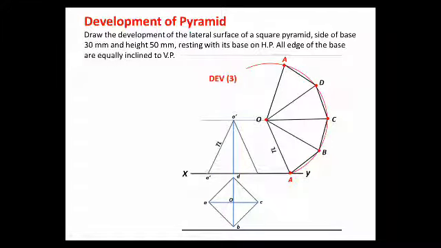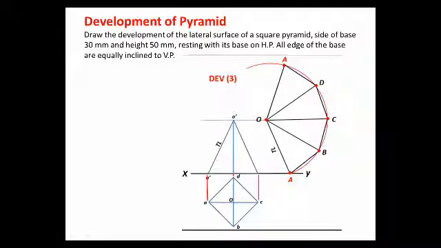Now, for getting front view, you have to take the projections from point A up to the XY line, from point C up to the XY line, and from point B and D, which lie on the same point, you have to take projections from D point to the XY line.